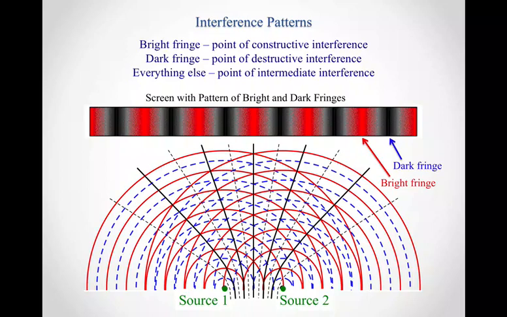You're back at the point where you get constructive interference because the wave from source 1 is traveling 1 full wavelength longer than the wave from source 2. But in traveling 1 full wavelength longer, it means that they're back in phase with each other, and so your signal is really strong. Keep going, your signal drops off again until you get to the next point of destructive interference where you don't get any signal at all.